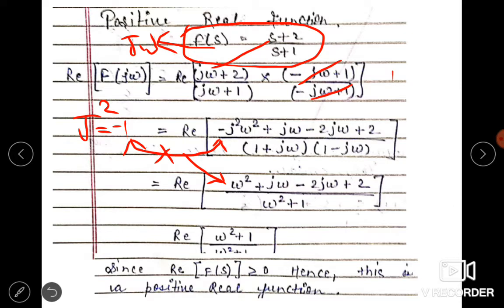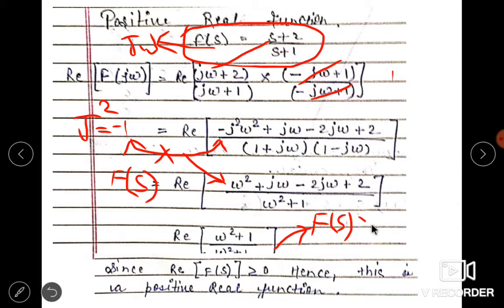After solving this equation, this real function is omega square plus 1, and since this is the value of Fs, these are the function of Fs. What does this mean?